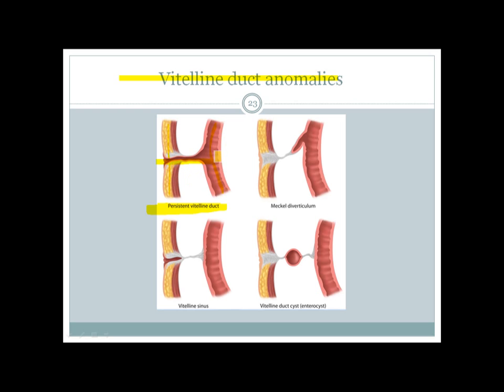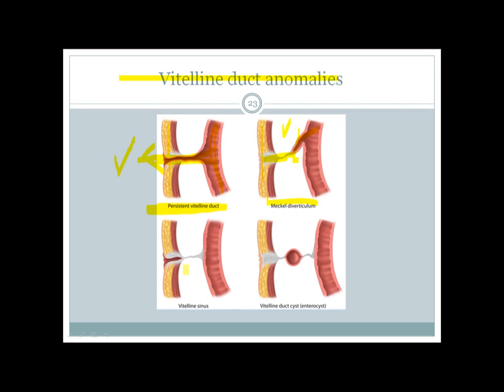The Vitelline duct will act as a communication between the gut tube and the anterior abdominal wall, and at birth it will present as passage of meconium from the gut tube to the abdominal wall, especially if the baby cries. And if there is closure of the Vitelline duct in the portion which connects it with the body wall, there will be formation of a blind pouch on the antimesenteric border, especially in the ileum, which is called a Meckel diverticulum.